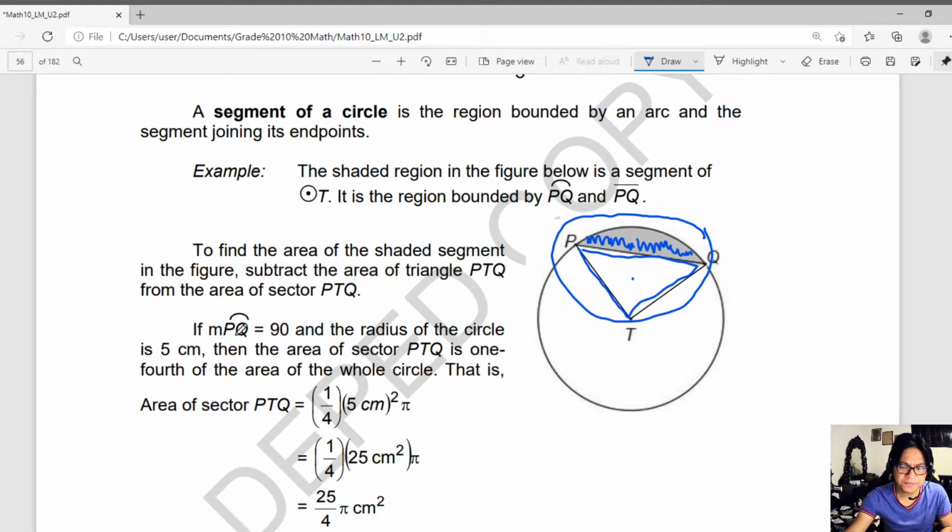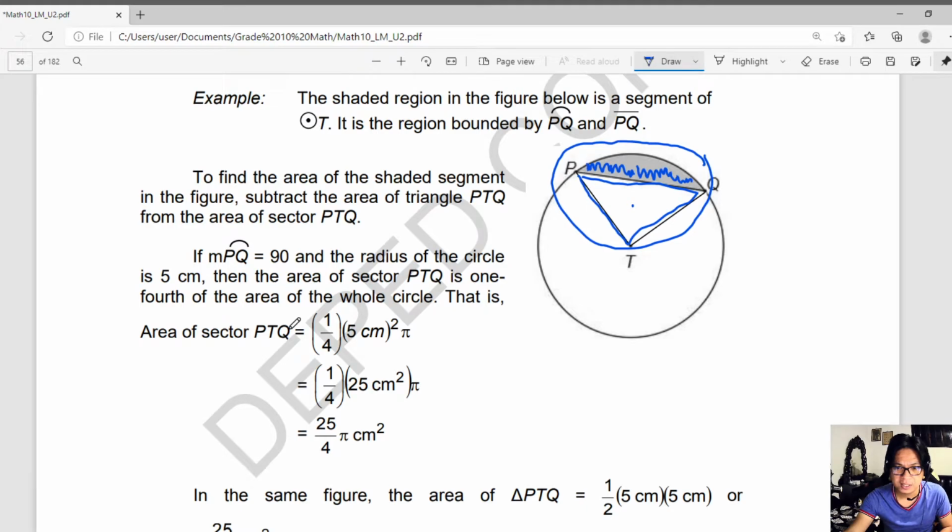So, if arc PQ is equal to 90 degrees and the radius of the circle is 5 cm, then the area of sector PTQ is 1/4 of the area of the whole circle. This arc measures 90 degrees, according to what was stated, that the measure of arc PQ is equal to 90 degrees.